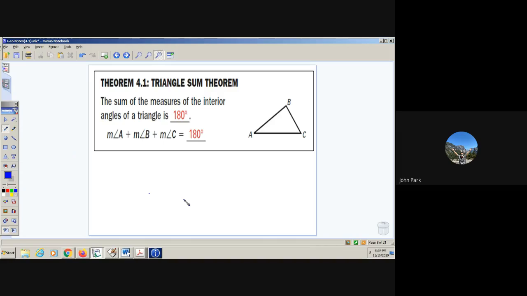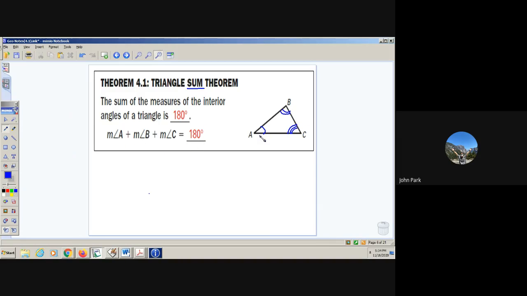Now here's our first theorem for chapter 4. So this is the triangle sum theorem. So sum means we add, right? And you should already know this, but if you add the measurement of angle 1 and measurement of angle 2 and measurement of angle 3, whether they're the same or different, they're always going to add up to 180 degrees.